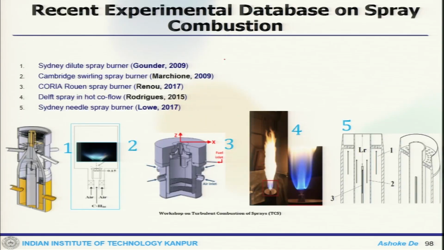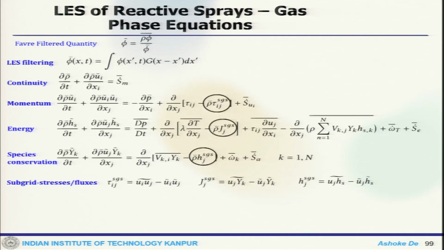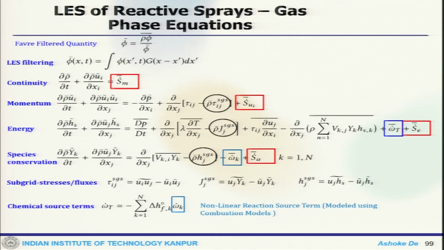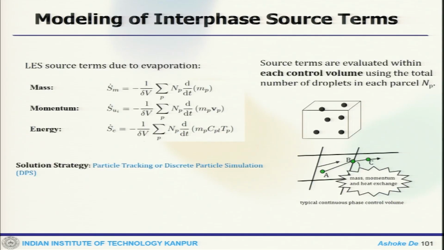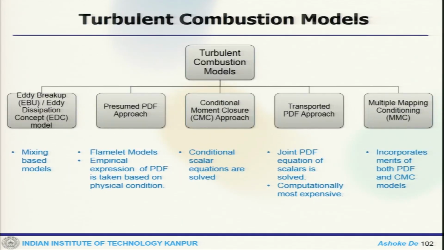Now, these are some of the spray burners which are available in the literature. People have done calculations on these burners. Some examples: this is an LES of the gas phase. I will show you how it is handled. This is based on mixture fraction.